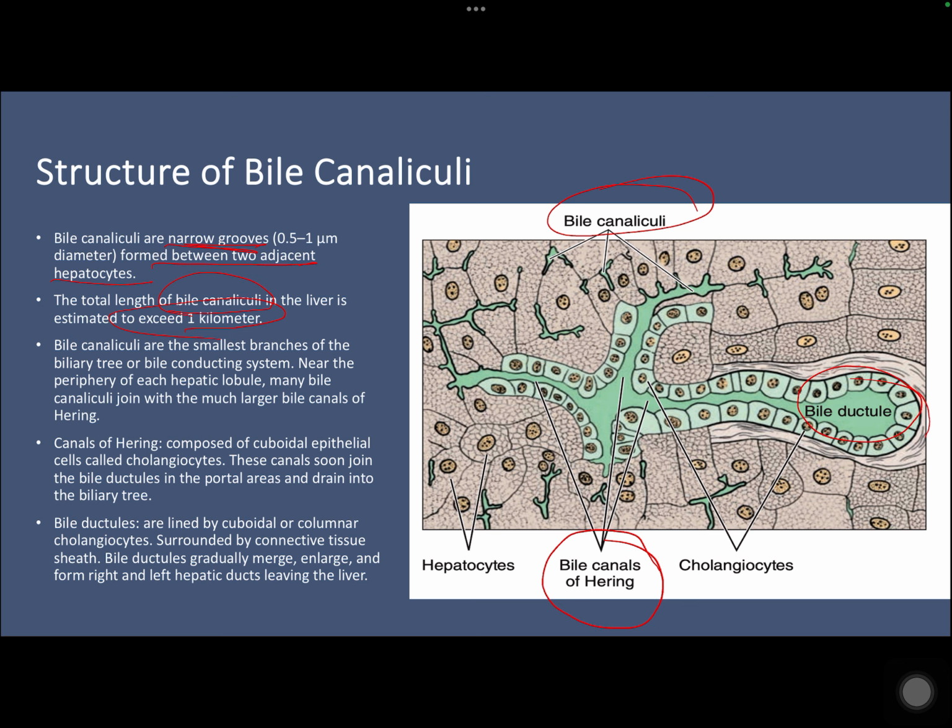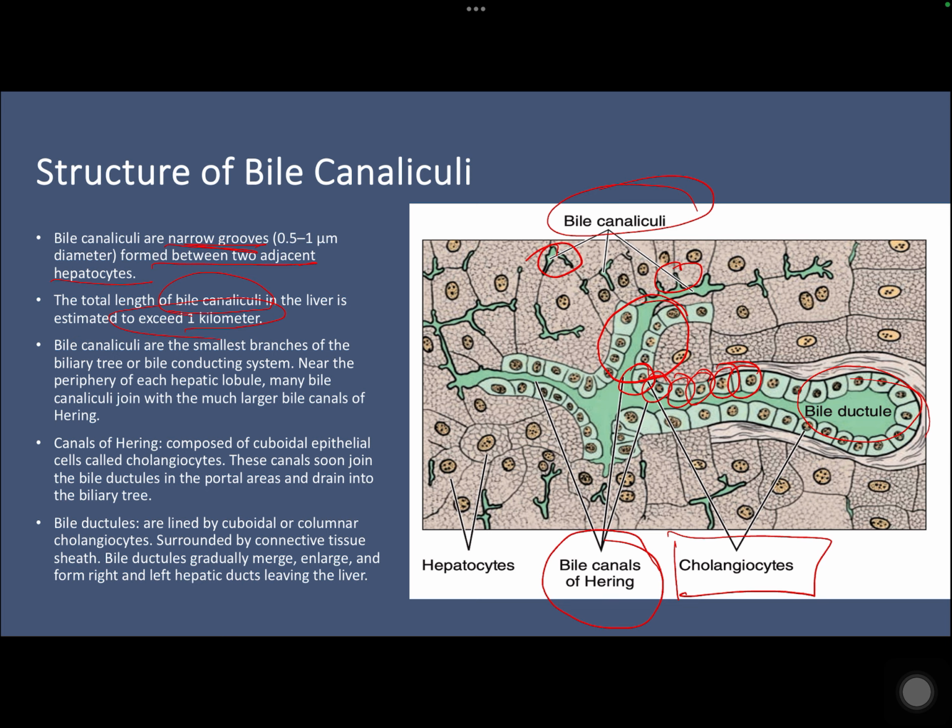So initially we start with the bile canaliculi. These then fuse together to form a larger structure known as the canals of Hering. These canals of Hering are composed of cuboidal epithelial cells, known as cholangiocytes.